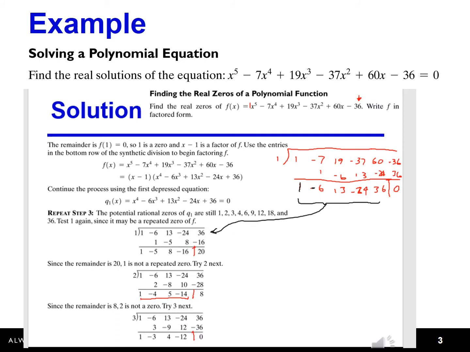This problem was find the zeros. Okay, so now we're doing solve, and earlier we were doing find the zeros of this function, which was also fifth degree and had all the same coefficients.